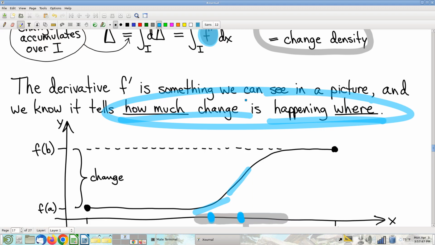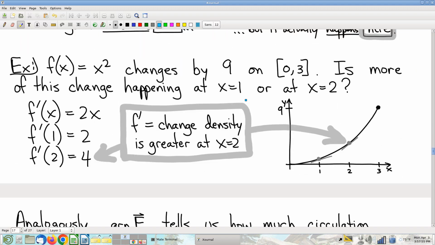That's just a phrasing of what I think are pretty familiar ideas from single variable calculus. Here's a seemingly too easy to be useful example of that point of view. Let's look at this function right here.